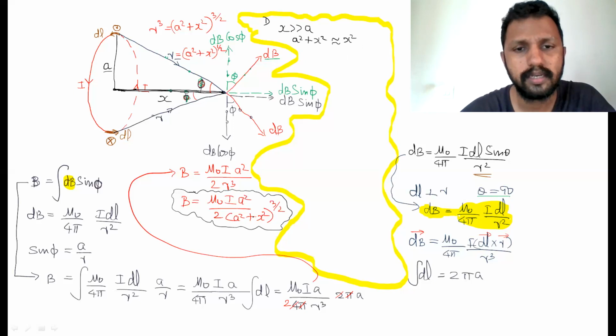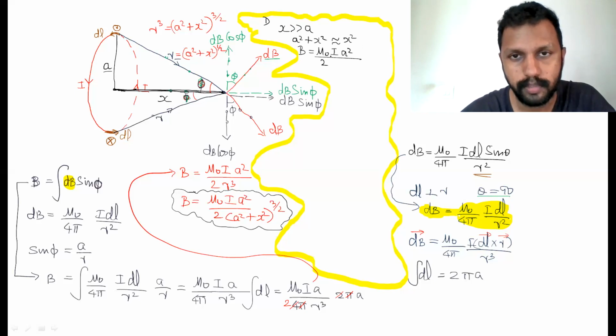Therefore, we could rewrite this equation as B is equal to mu 0 IA square, there is no change in the numerator, divided by 2 into a square plus x square whole raised to 3 by 2, which should be written as x square raised to 3 by 2.